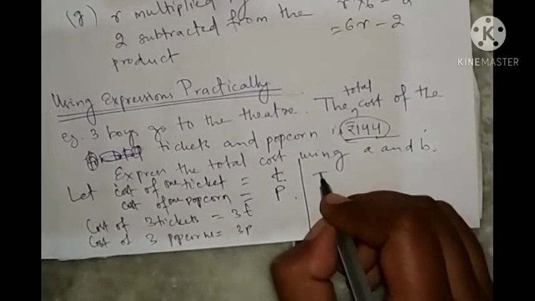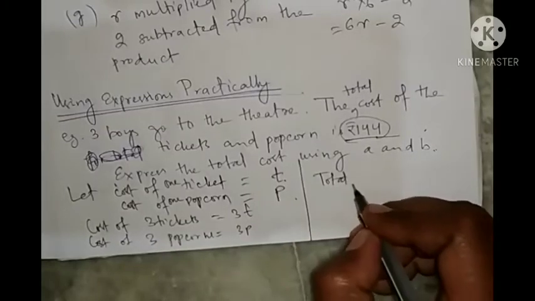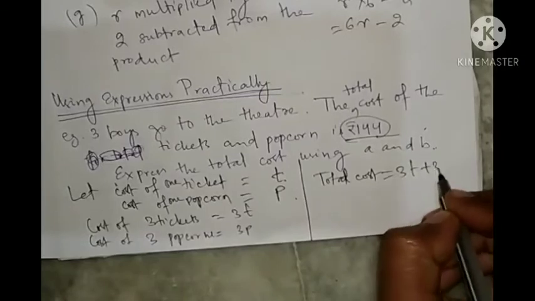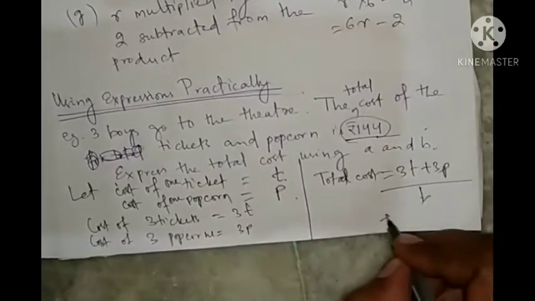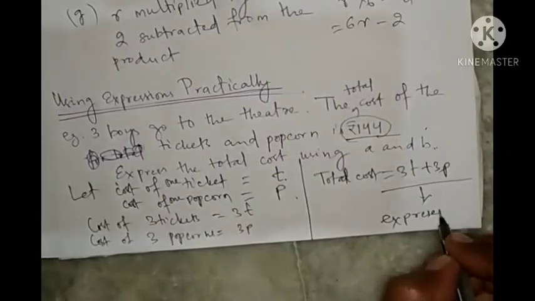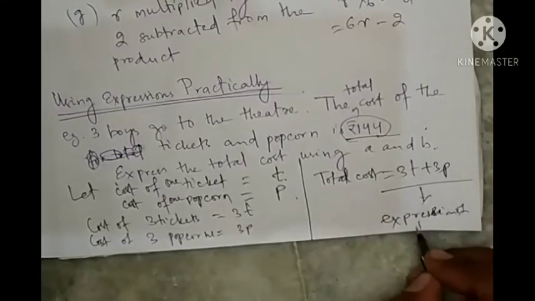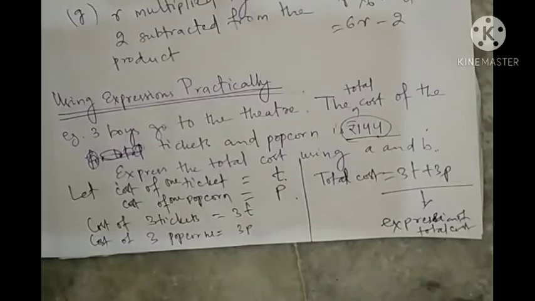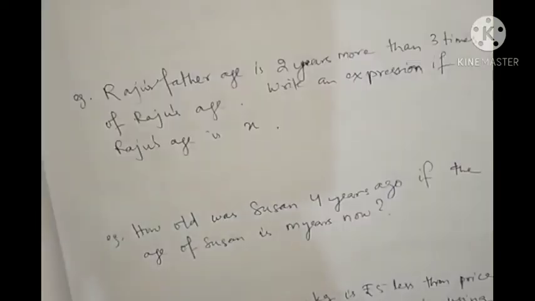So total cost is how much? Total cost is what? 3t plus 3p. So this is an expression of total cost. Okay. So like that you can find this expression in your practical life. Let's see some more examples.